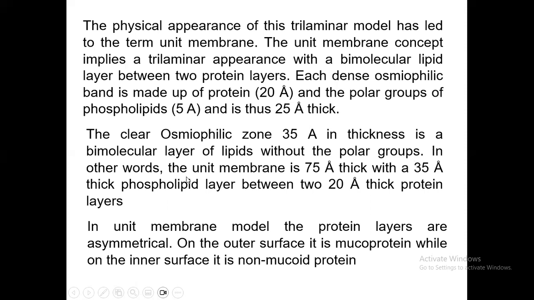In other words, you can say the unit membrane is 75 angstrom thick. The 35 angstrom thickness is of the phospholipid layer between two 20 angstrom thick protein layers. So in the unit membrane model, the protein layers are asymmetrical. On the outer surface, the proteins are mucoprotein in nature, while the inner surface proteins are non-mucoid proteins.